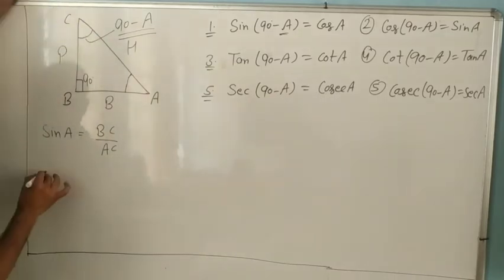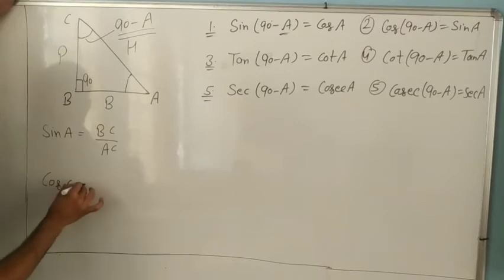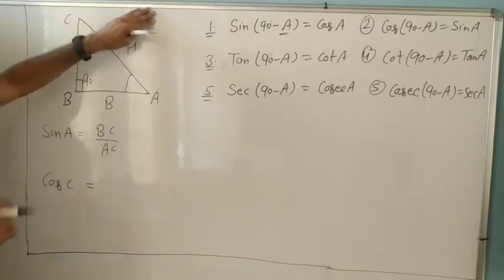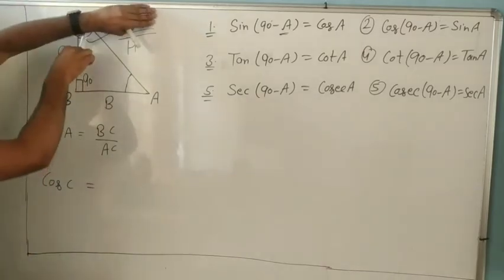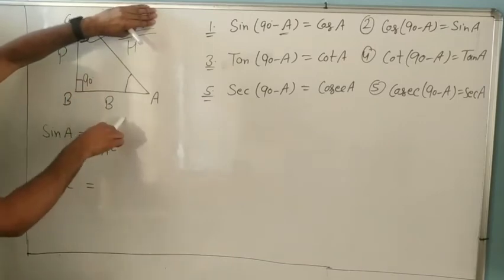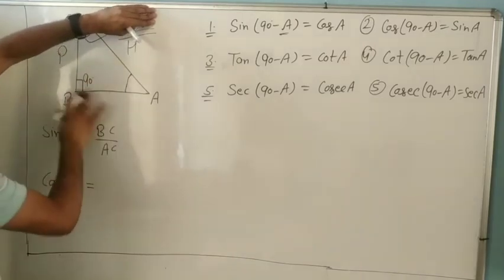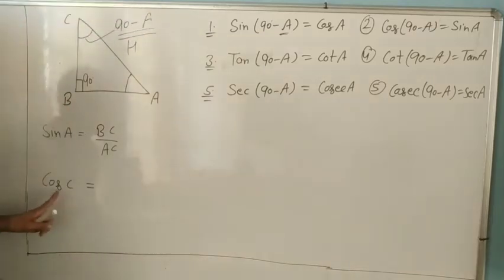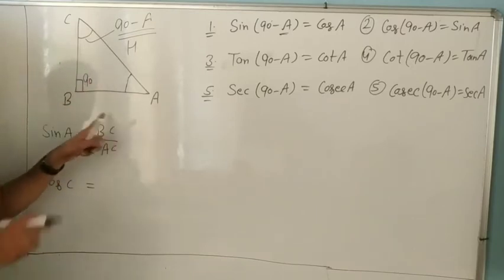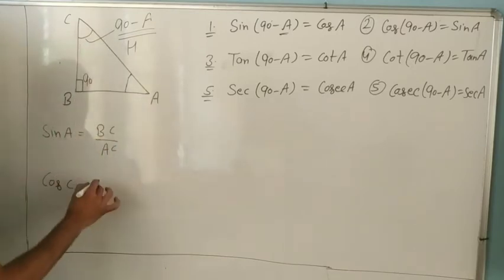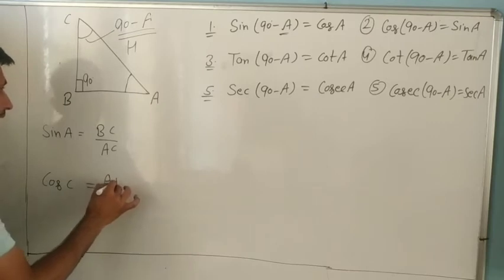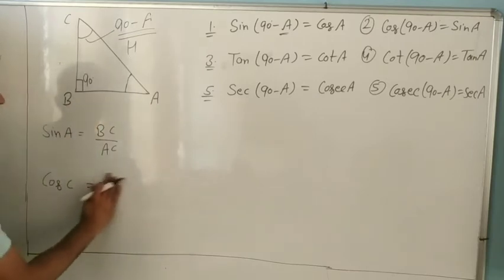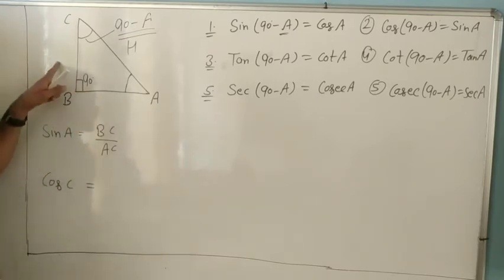Suppose I want to find cos C. It is angle C, or not? Opposite of angle C is perpendicular. Now it becomes perpendicular, or not? Because if we want to find cos C, the opposite of the angle is the perpendicular. Opposite of this one is perpendicular, and this is the base.